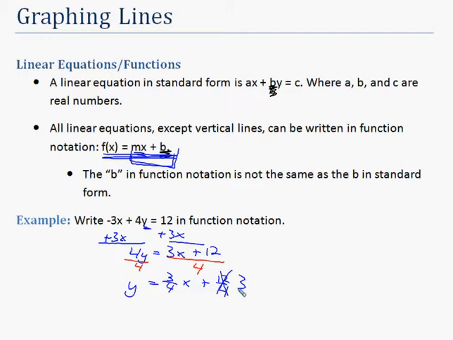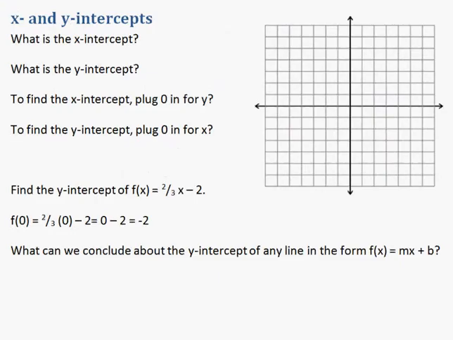And so we can write this in function notation. Instead of writing the y, we can write f of x, or I'll use g of x, is 3/4 x plus 3. Noticing that this is our value for m, and this is our value for b when we talked about the m and the b here. So that's writing in function notation, and that's going to be very helpful. That form is going to be very helpful when we graph.